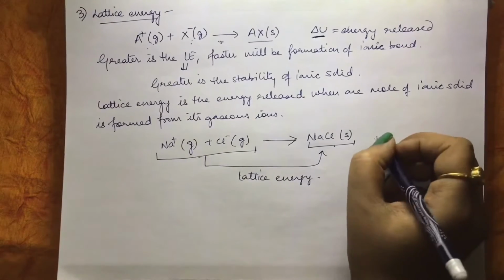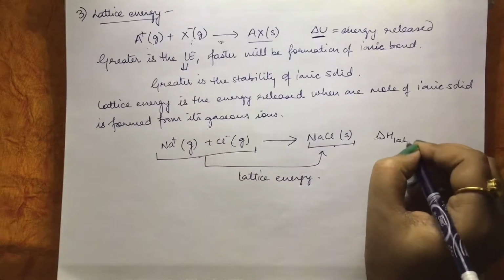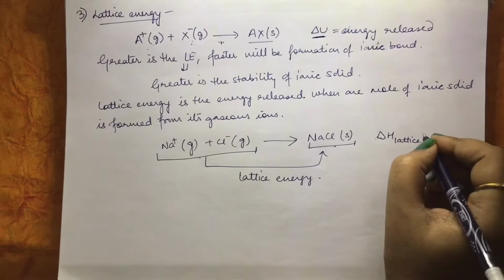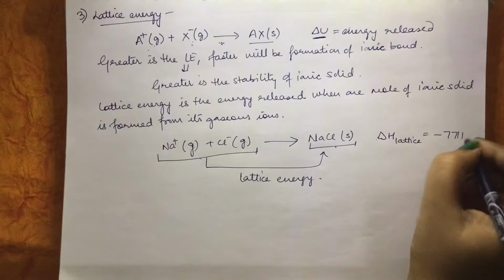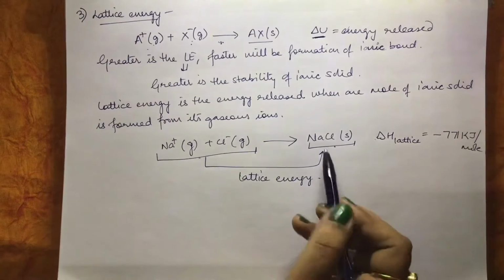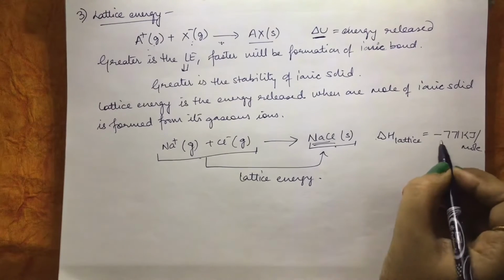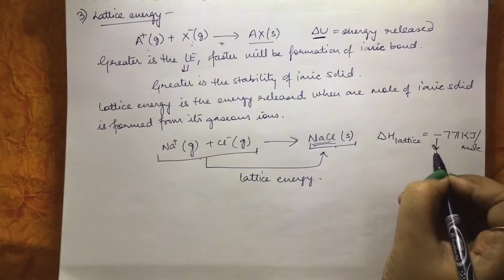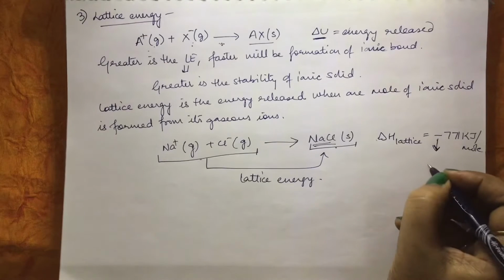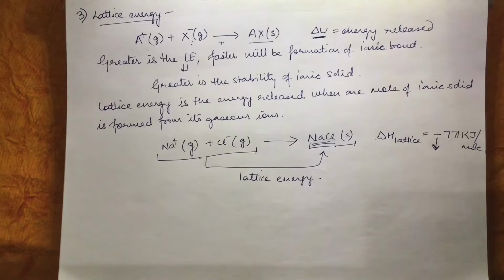So lattice energy for this reaction, delta U, we can also write it like delta H lattice. So this is minus 771 kilojoule per mole. So you can see here that for formation of 1 mole of ionic solid NaCl, 771 kilojoule of energy is released. So I hope you know that this negative sign means that this is an exothermic process and energy is released during this process.